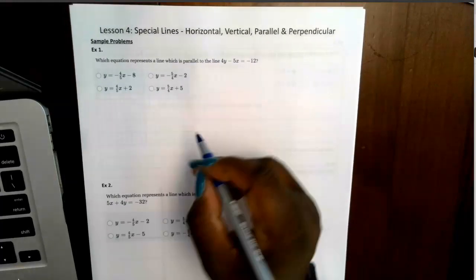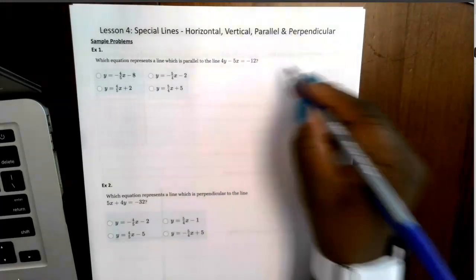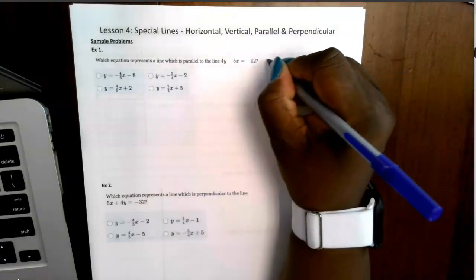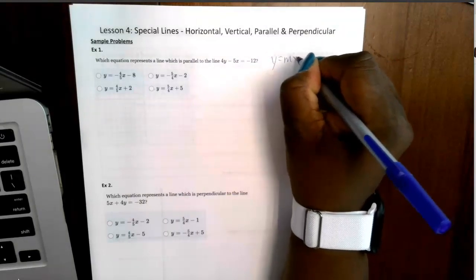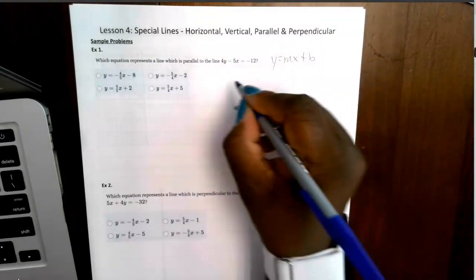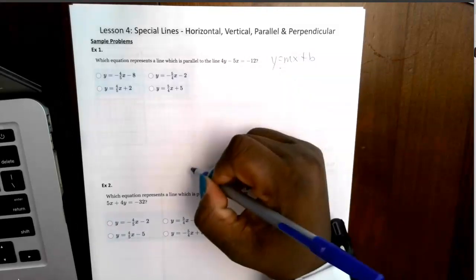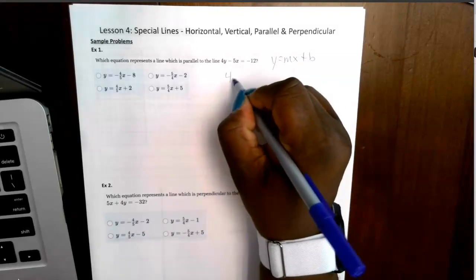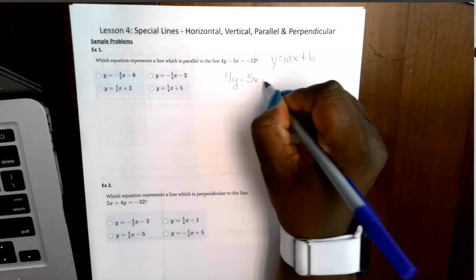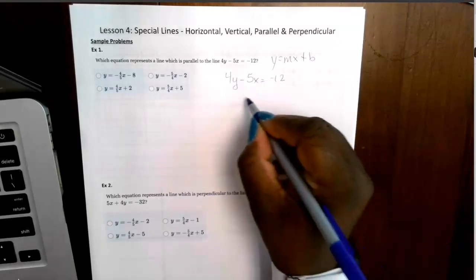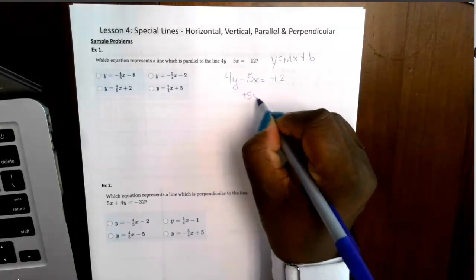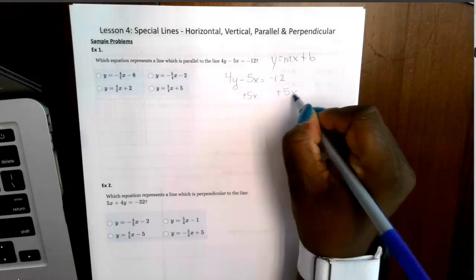Let's solve this equation. We're going to solve it and put it in the setup of y equals mx plus b, so you're going to solve for y. Here we have 4y minus 5x equals -12. You're going to add 5x to both sides.